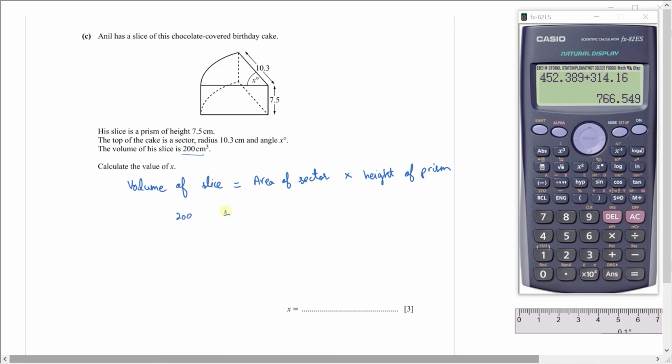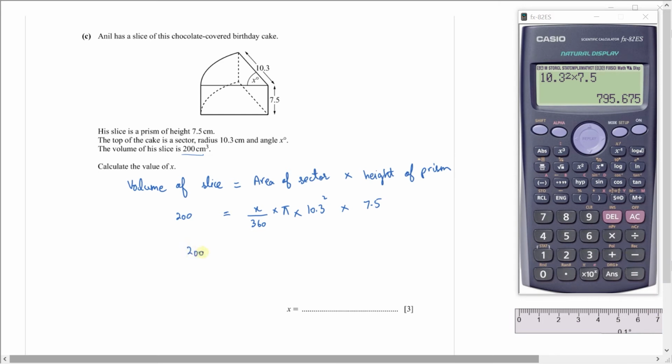What will be the area of this sector? It will be x over 360 degrees into pi r square, where r is the radius of this sector, 10.3. So 10.3 square multiplied by the height of the prism, which is 7.5. So x is the only unknown in this equation. We can calculate that. Let me first calculate this right side, 10.3 square multiplied by 7.5.